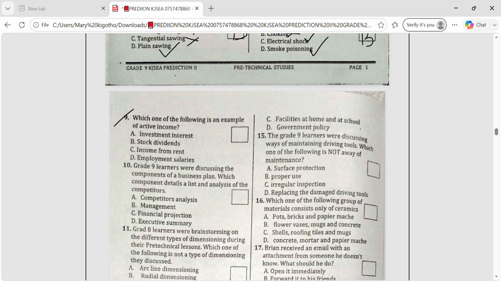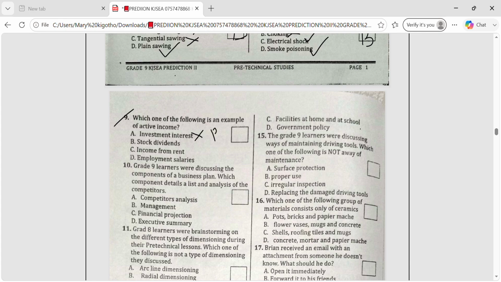So let's read the choices that have been given there. Investment, interest, stock, dividends, income from rent, and employment salaries. So investment, just by having money invested, this is not active, so this is passive.